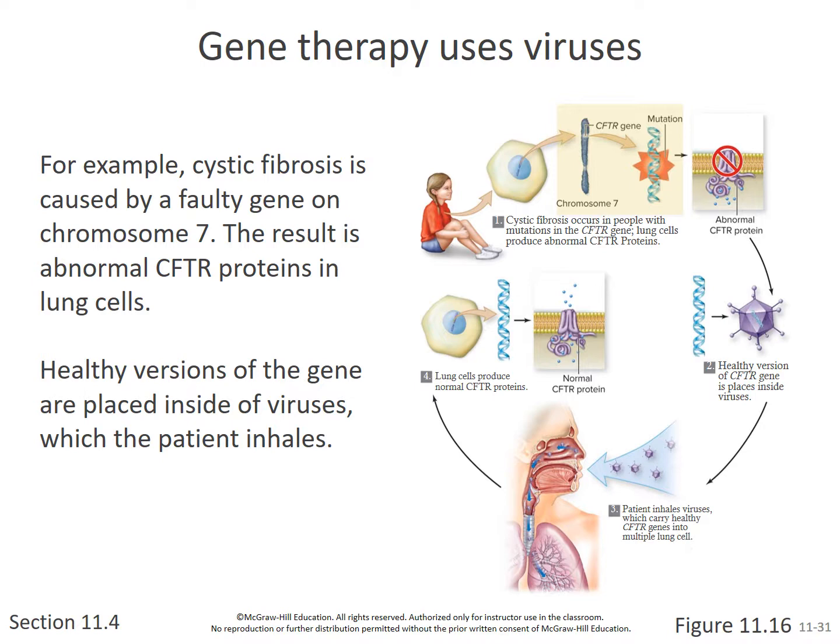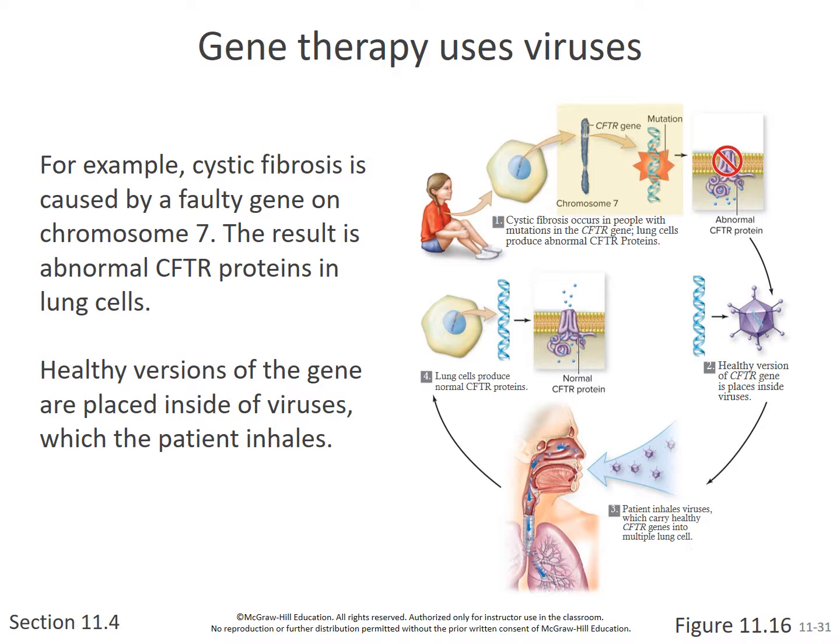So gene therapy most of the time uses viruses. For example, cystic fibrosis is caused by a faulty gene on chromosome 7. The result is abnormal CFTR proteins in the lungs.